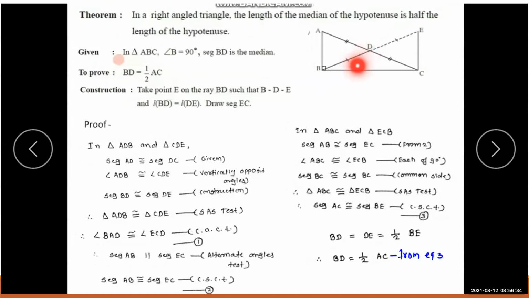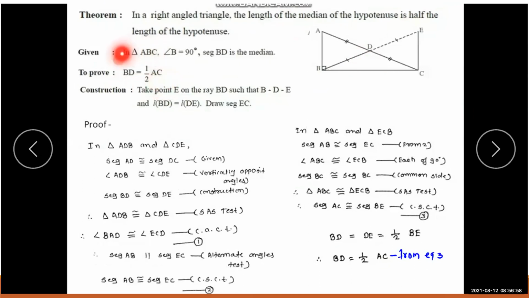BD is the median of this right triangle. So the property is: the length of the median, that is BD, is equal to half the length of the hypotenuse, that is segment AC.